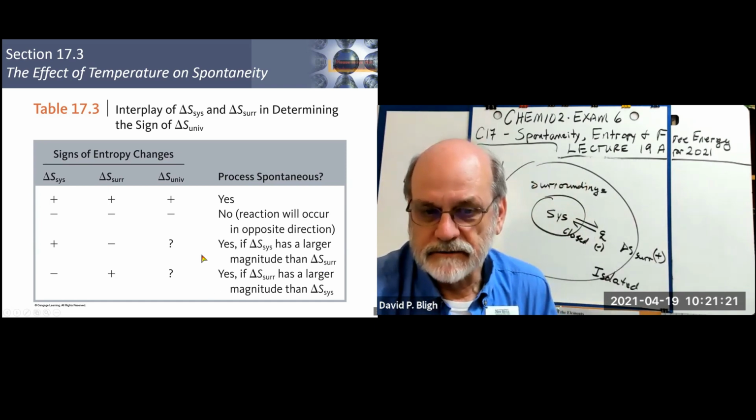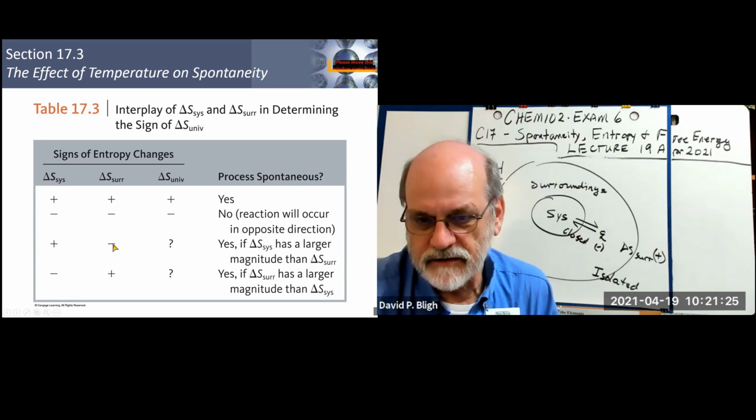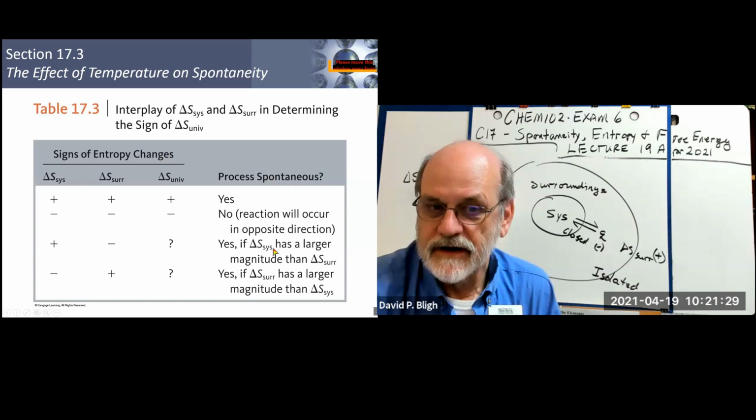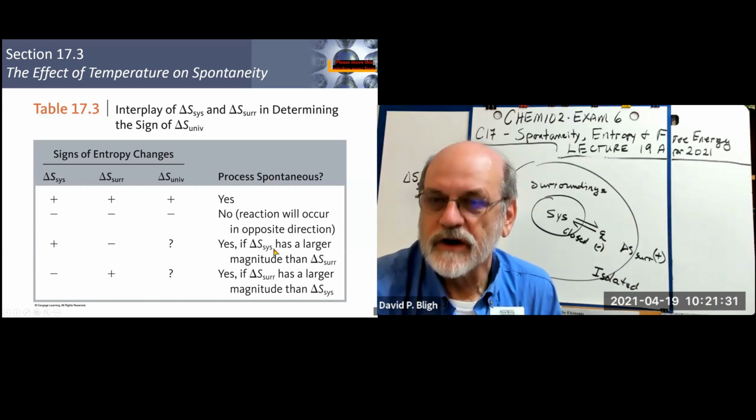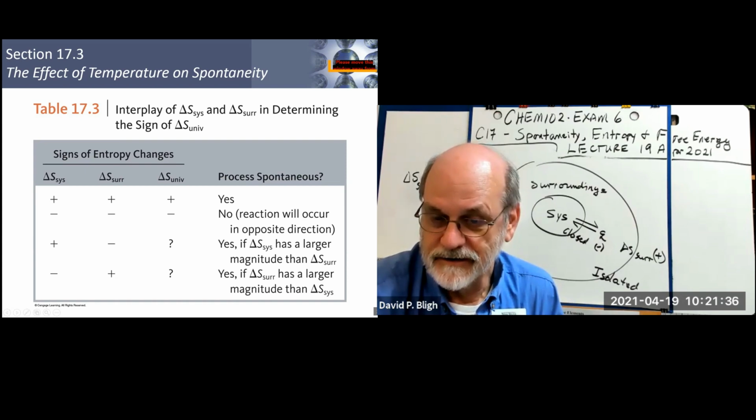Okay, what about the other cases? Well, what if the system is positive and the surroundings are negative? Only if the system has a larger delta S change than the surroundings. Right? In that situation, then yes, it will be spontaneous.